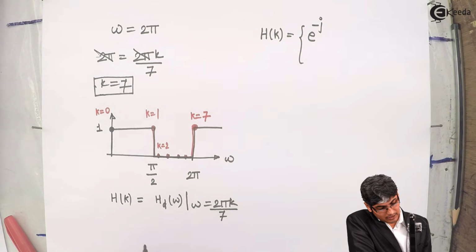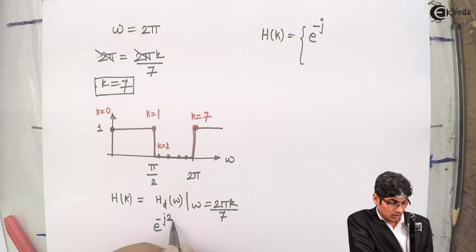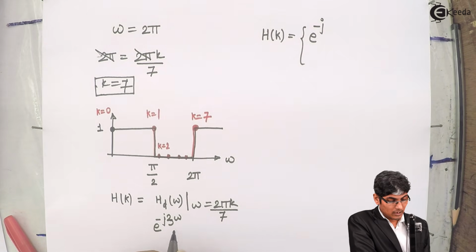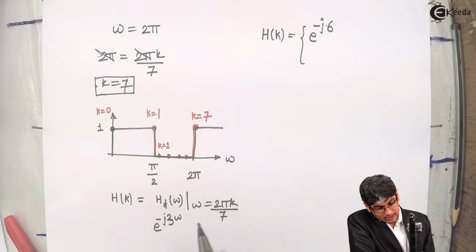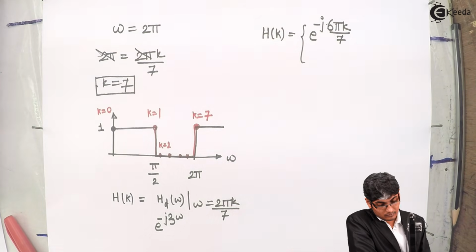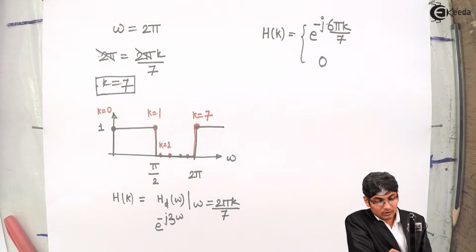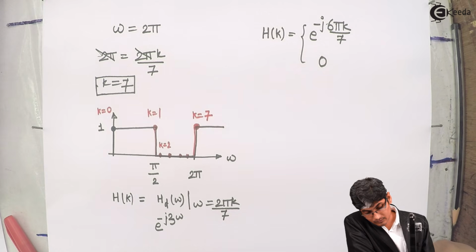Now I was having hd of e raised to j omega as e raised to minus j 3 omega. That was the value. Now I'll put 2 pi k by 7 in place of omega. So when I put 2, it becomes 6. Then there will be pi k by 7.